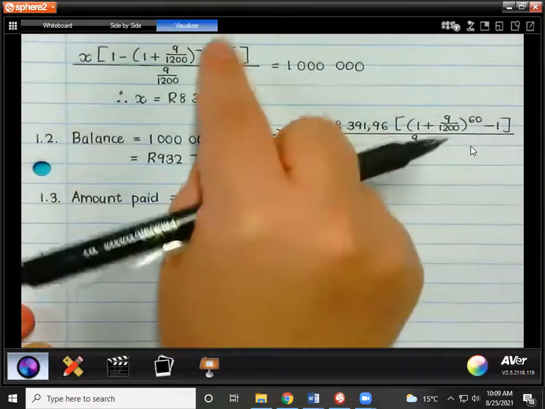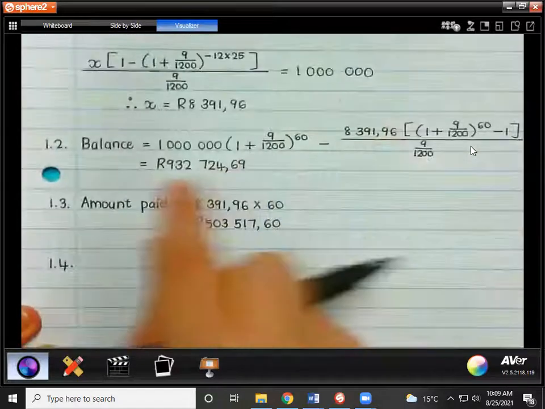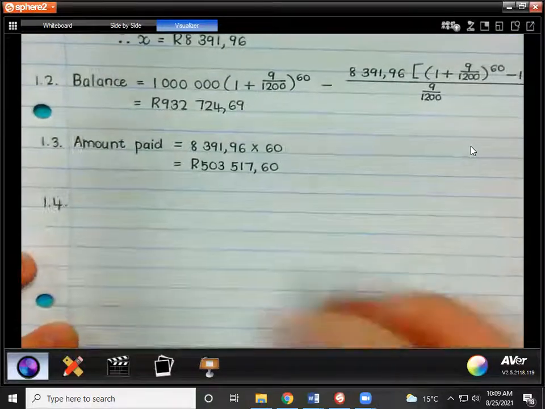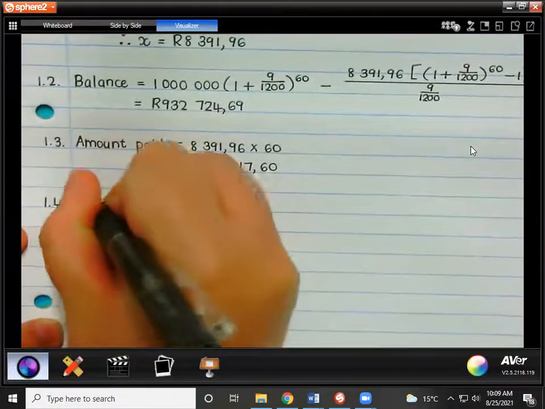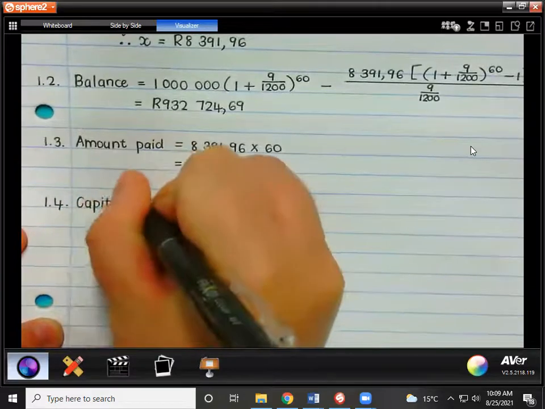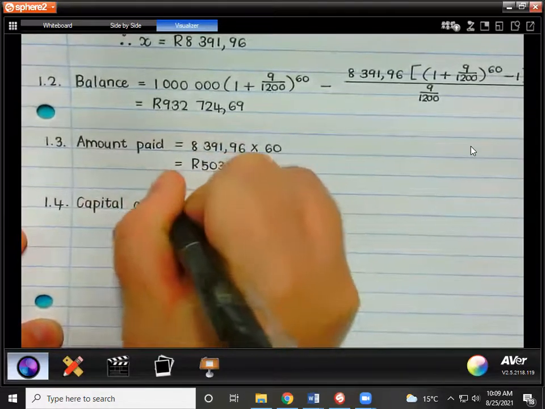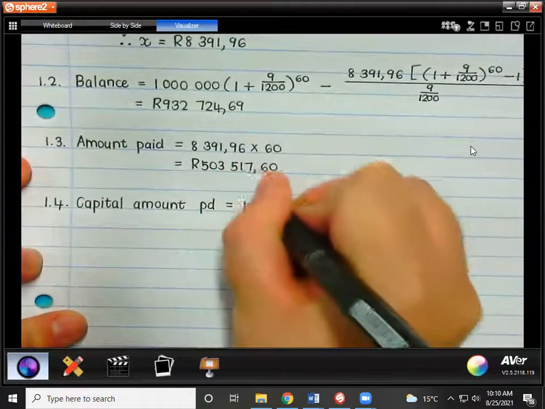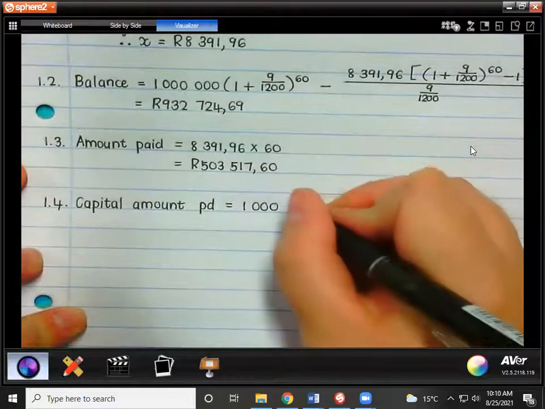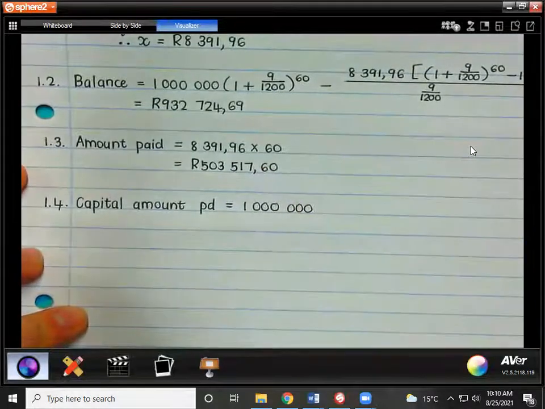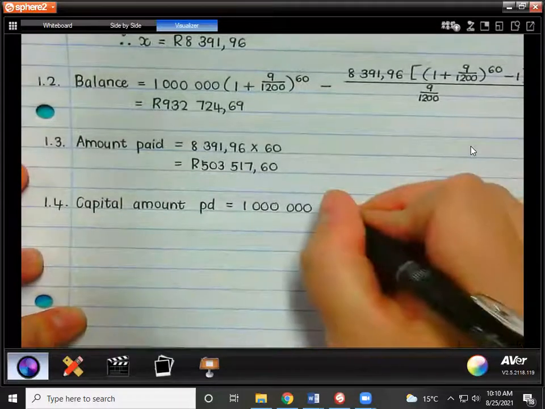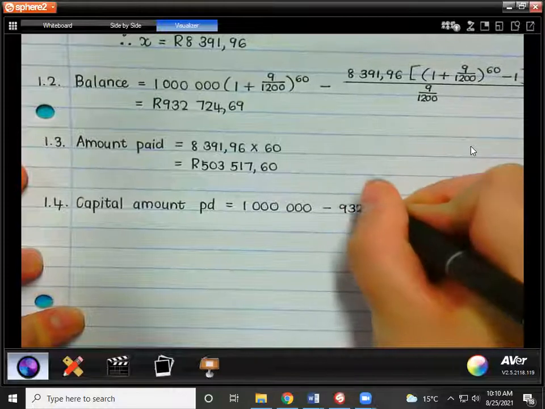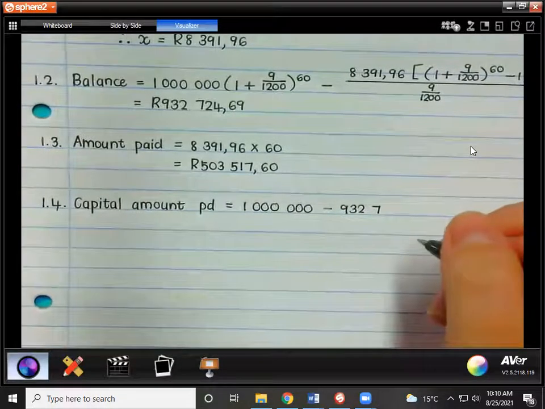The loan amount that we took out, the 1 million Rand, it's there, minus what we still owe. That's the actual capital that we've paid off, all right? So the capital amount paid, I'm going to use this amount to calculate how much interest I've paid.